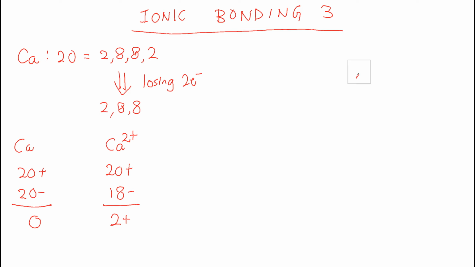Now what about nitrogen? Nitrogen has a proton number of 7 and an electronic structure of 2, 5. Now in order to achieve the noble gas configuration, it needs 3 more electrons, and doing so it will become 2, 8 electronic configuration.